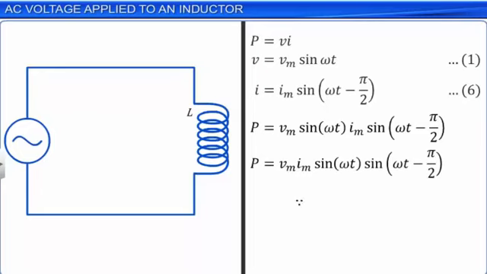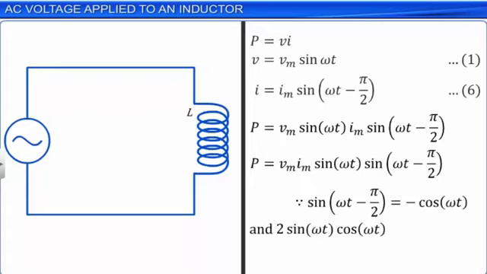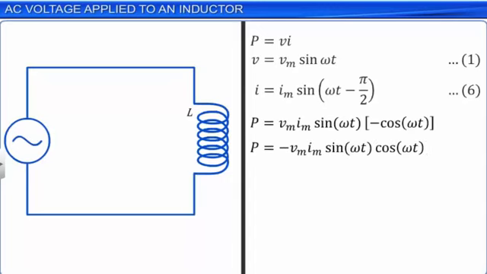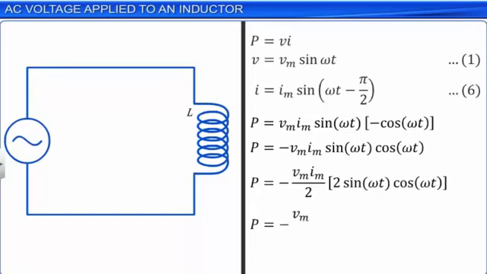As sin omega t minus pi by 2 equals minus cos omega t, and 2 times sin omega t into cos omega t is equal to sin 2 omega t, we get power P equal to minus Vm Im by 2 into sin 2 omega t as shown. Let this be equation 7. This instantaneous power evaluates as a time-dependent harmonic function.